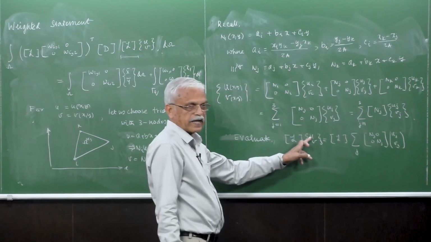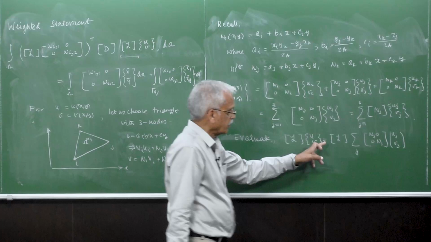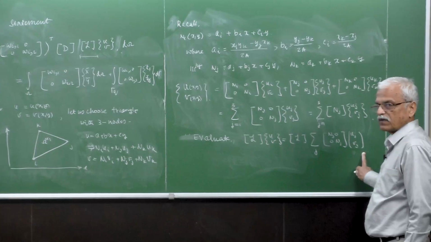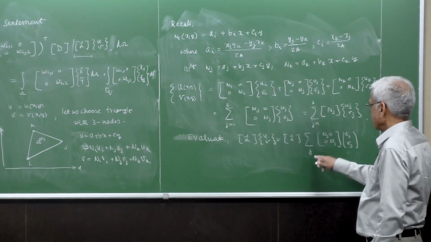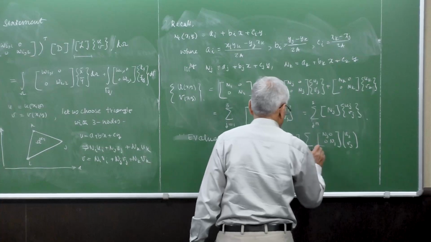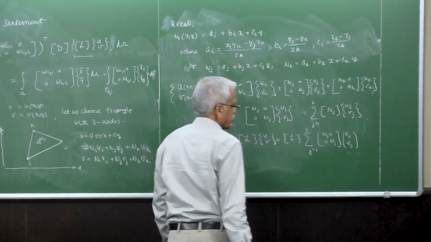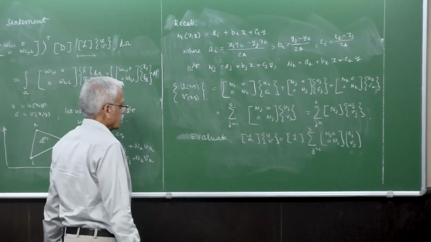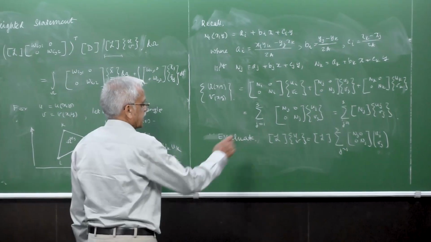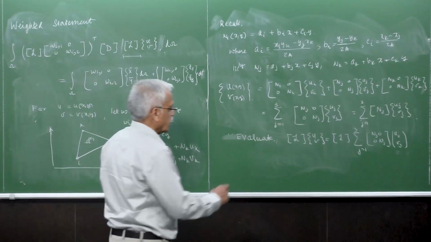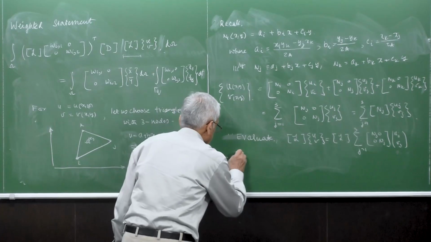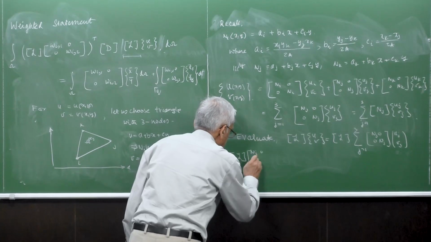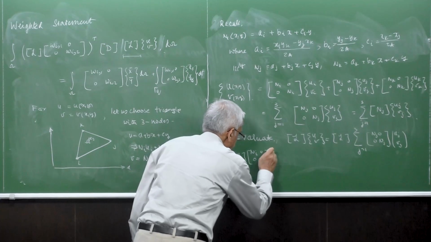Here these are at any point, while u and v are now being expressed in terms of the 3 nodal values. So this is a summation, which means that if you expand this one, it will have the ith node, jth node and kth node. Okay. So if you want to now operate L on that, let me just expand it all the same. So L operating on Ni, like this.